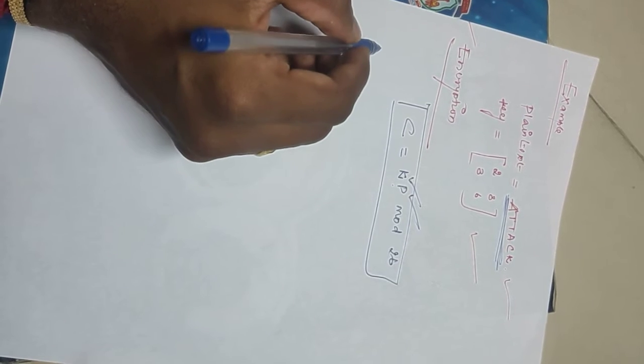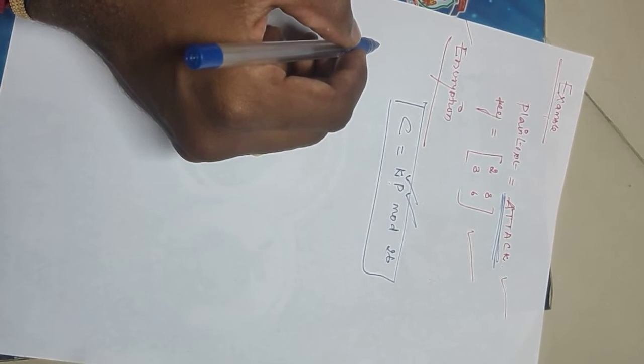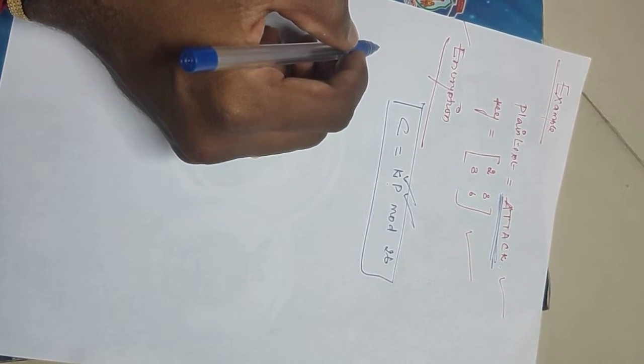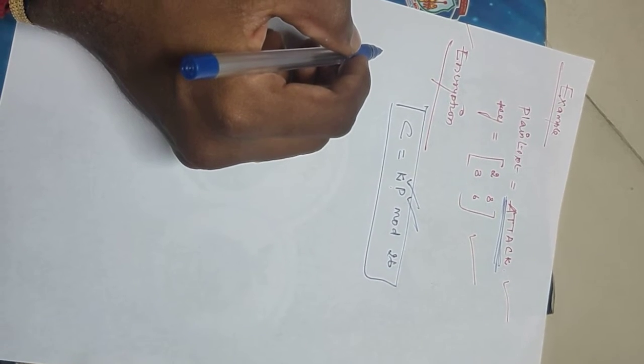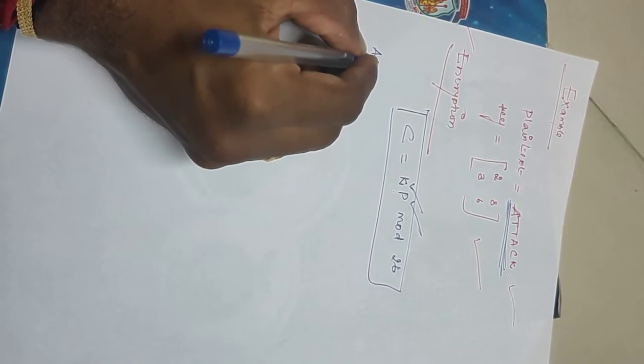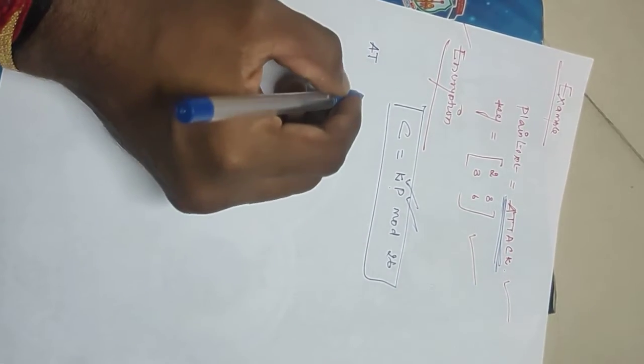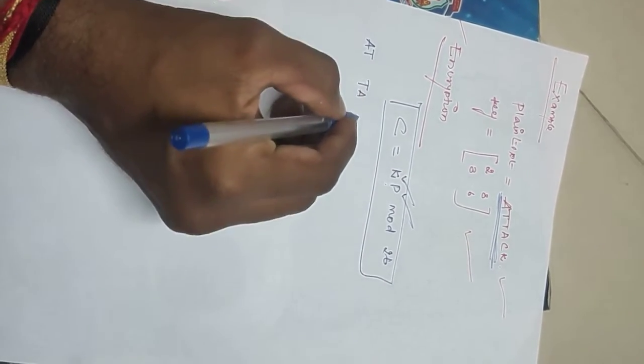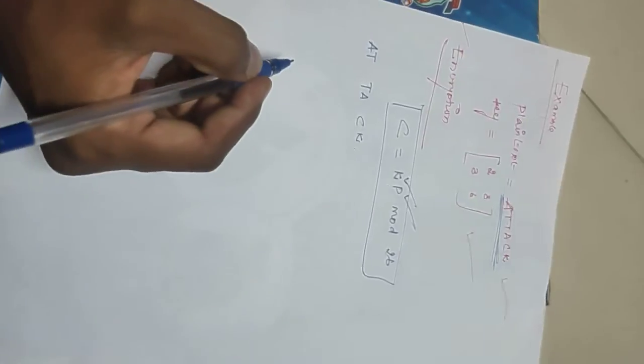We all know Hill Cipher is polyalphabetic. At a time we can take multiple alphabets or letters. So let's split the given plain text into pairs of letters, like this.